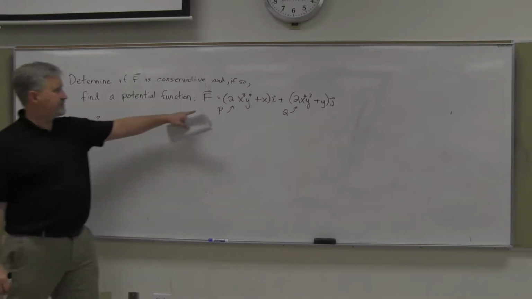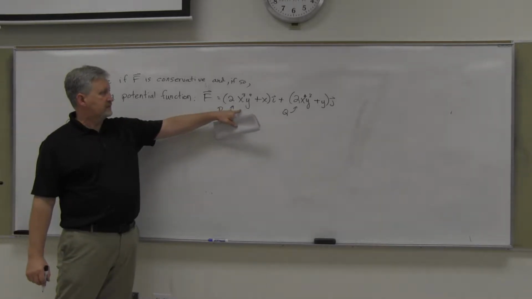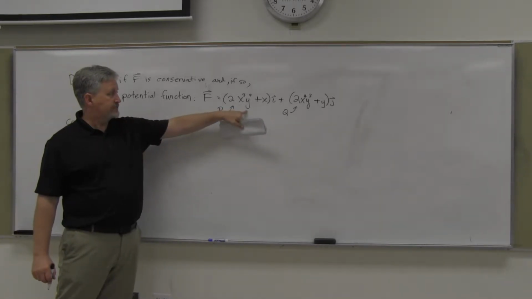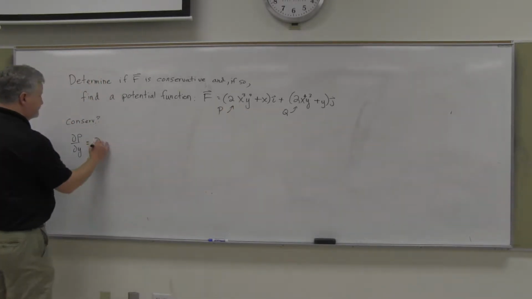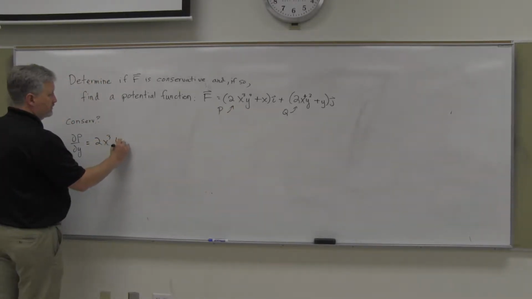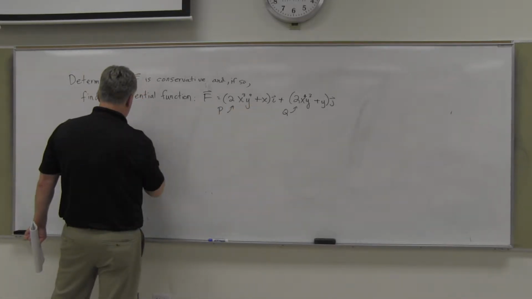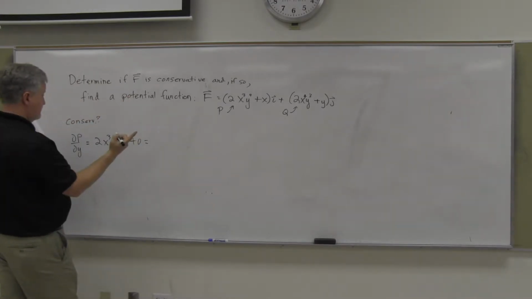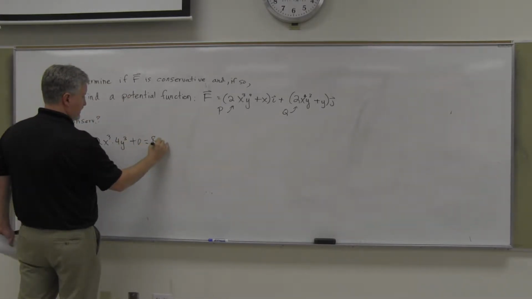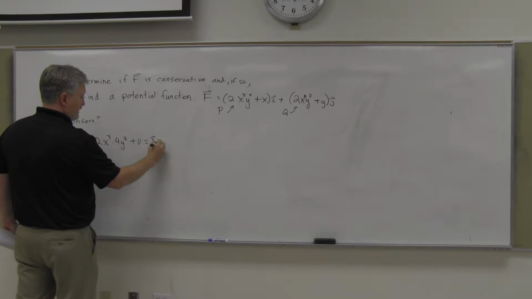So the partial P with respect to Y. Well, doing it with respect to Y, so it'd be 2x cubed times 4y cubed. And then that's plus x, that doesn't have a y in it, that's 0. So it's just that, 8x cubed y cubed.